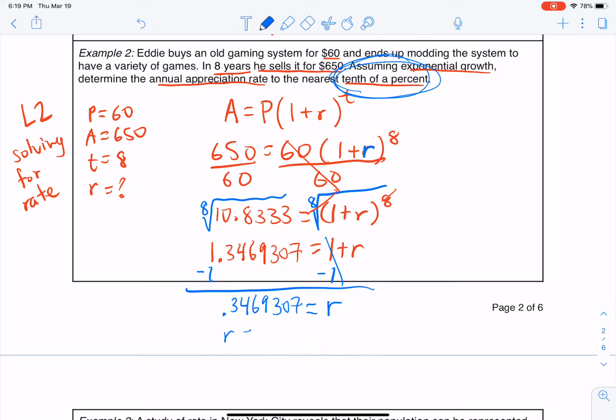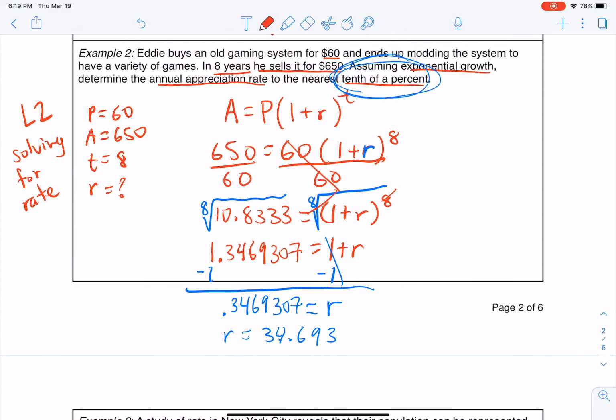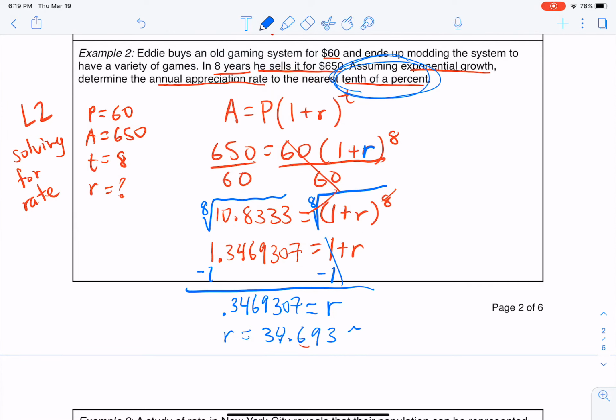So r equals 34.693. So we're rounding to the nearest tenth. Tenths are here. So that would be 34.7%. So that's the rate.